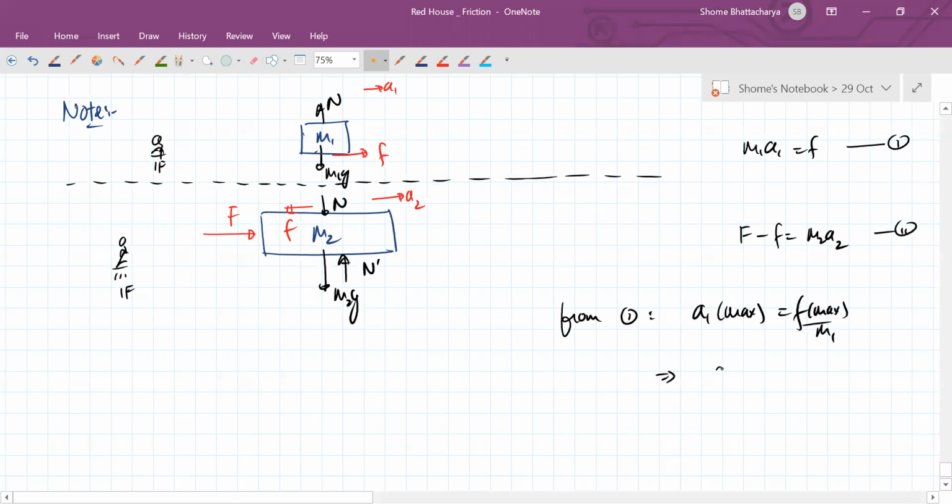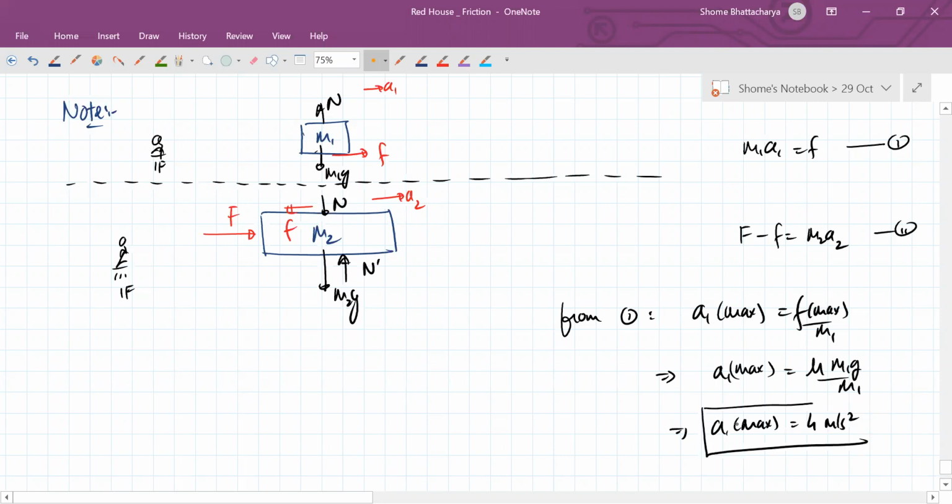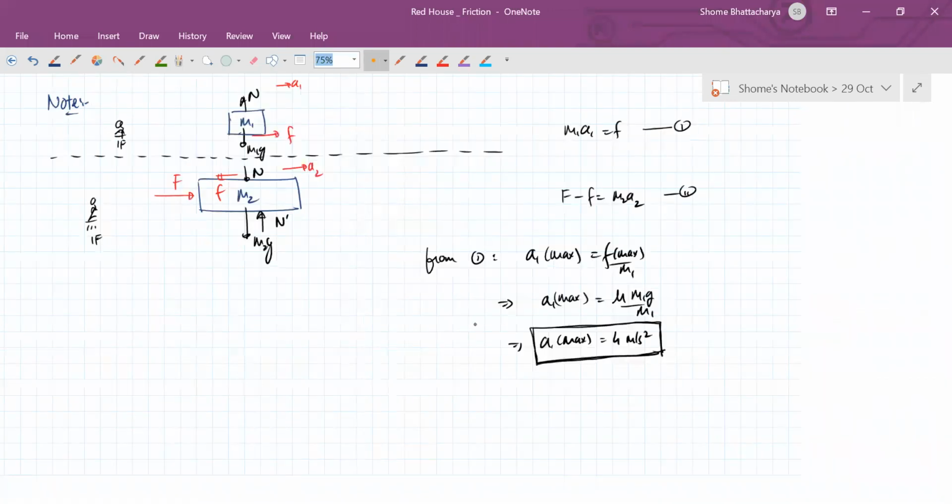So you can see that a1 cannot go faster than this much, 4 meters per second square. So this is something very important to understand, that no matter how much force you apply from below, you cannot make the upper block move faster than 4 meters per second square. So that means if you want no slipping, you have to give the system a common acceleration of less than 4.